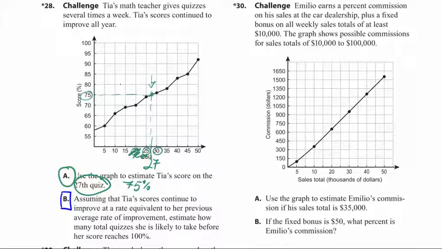Because if you guys can see here, we can approximate this line of Tia's score improvement, and later on we're going to talk about the line of best fit. By drawing a line that will be the closest one to every one of these points that we have on the graph.